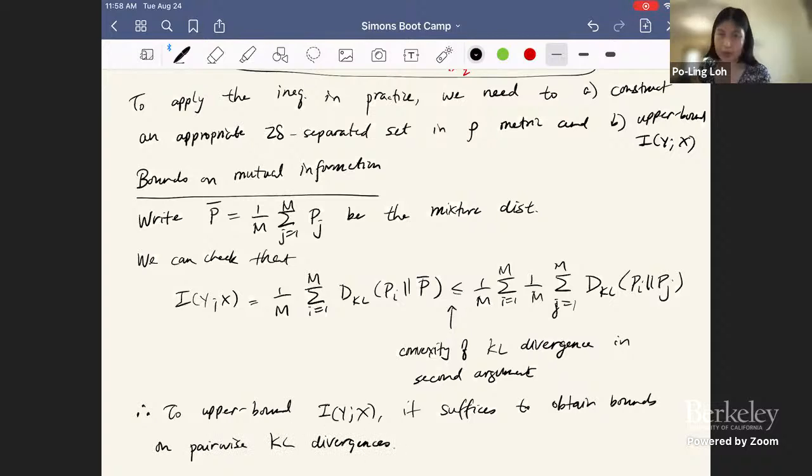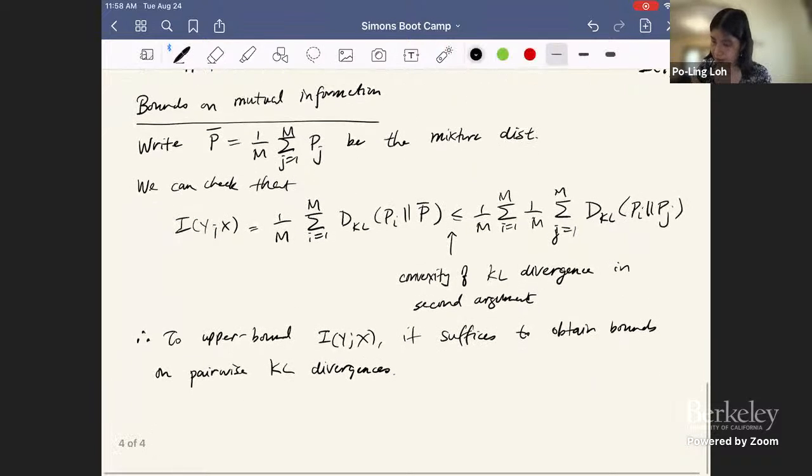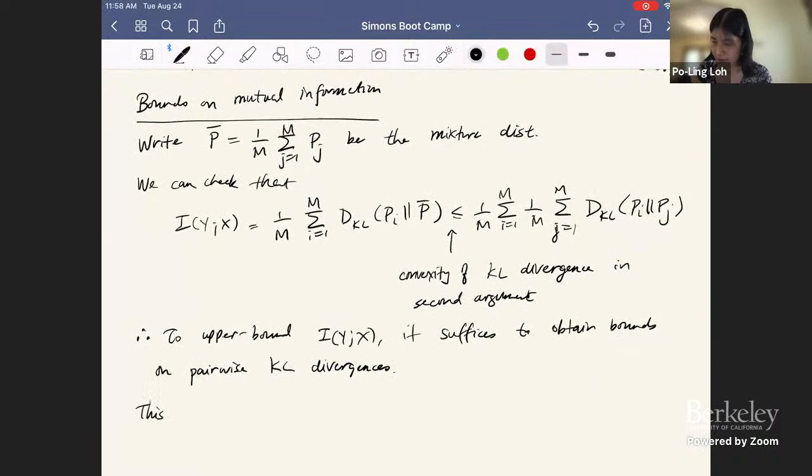Now, of course, this bound could be loose, and there are definitely cases in which this is not what you want to do. But then there are also cases when it's easy to construct a set and verify that the parameters are 2 delta separated, and also verify that the KL divergences are pairwise bounded by something. Okay, and this method is known as the local packing approach.